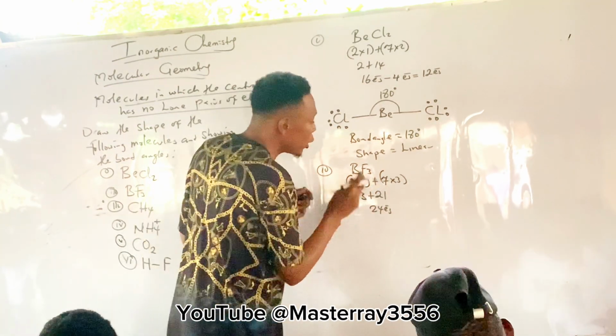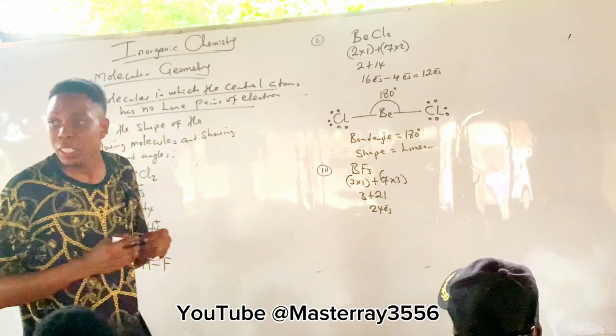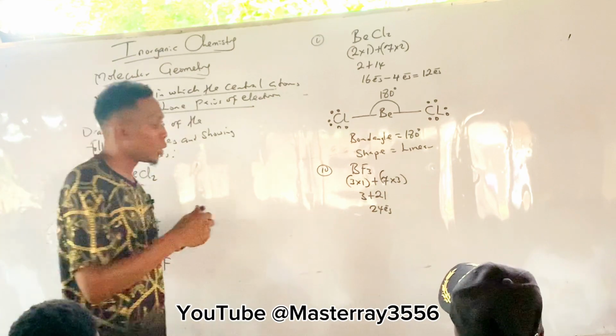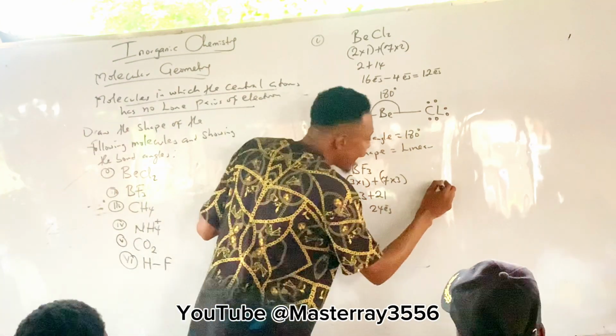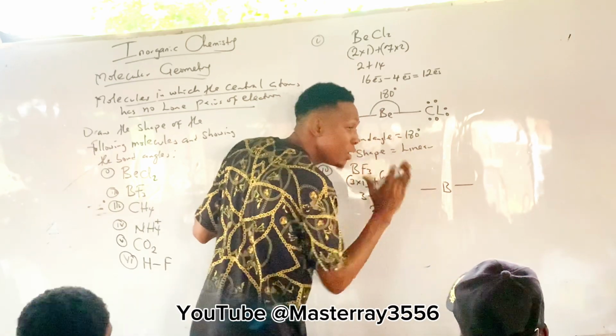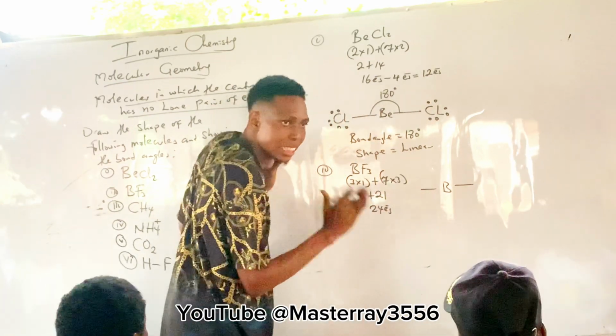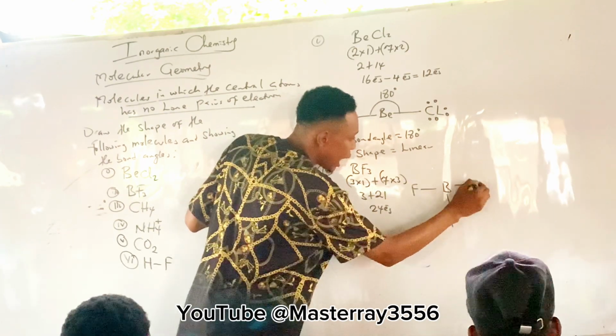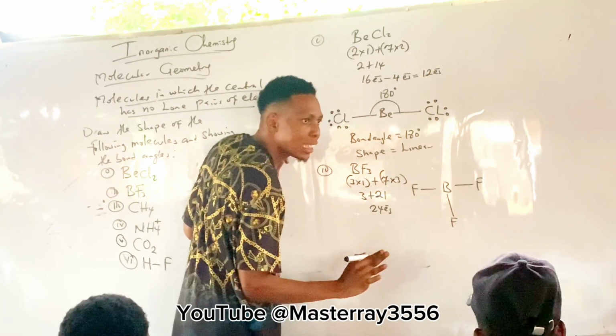So from here now, which one will stay at the middle? Hello, please pay attention. Which one will stay at the middle? Boron. So we have it like this, boron. If it's Lewis structure, listen up, you can just do it like this: fluorine, fluorine, and fluorine. Are you getting me?